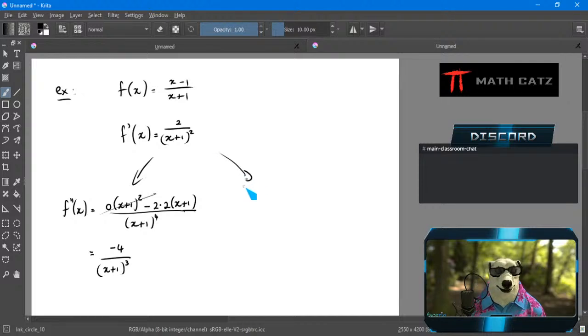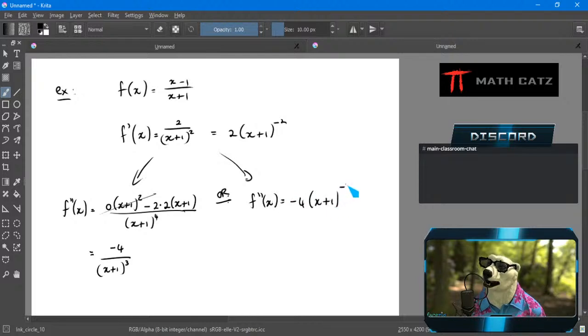Know your options. I have fancier properties that might be applicable. I could see this as 2 times x plus 1 to the negative 2. That means I can avoid the quotient rule, but I have to use the chain rule. So this is an OR. So I could use that approach instead and say, okay, chain rule, negative 4 x plus 1 to the negative 3.